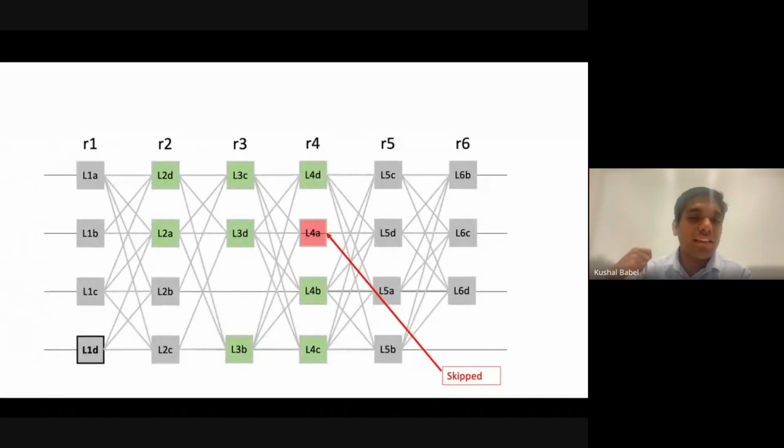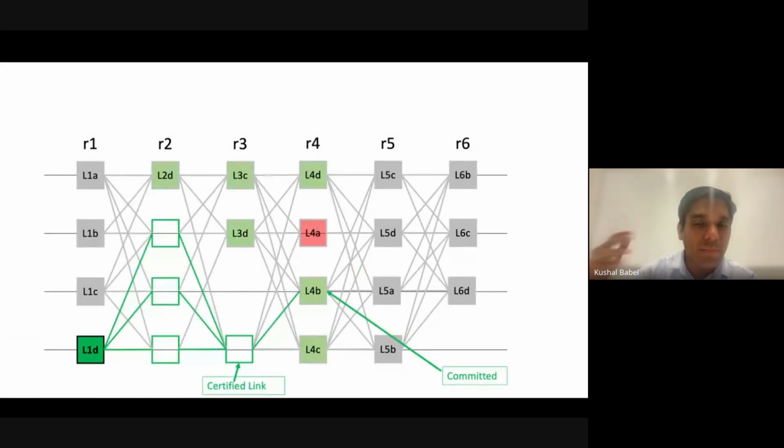So now we know that this block will be skipped, so we should not make a decision based on this. Let's go to the next block after R+2 that is either committed or undecided. We are lucky that this next block is committed. It's not undecided. Because this block is committed, we know every other validator will commit it. We have already decided that, right? So based on this block, we can decide whether to commit L1D or not.